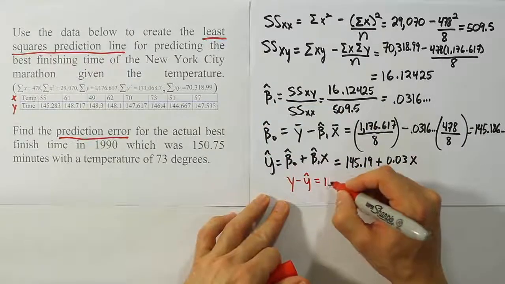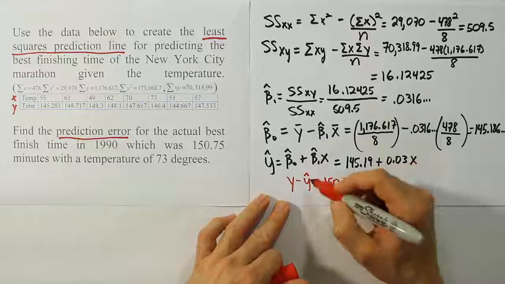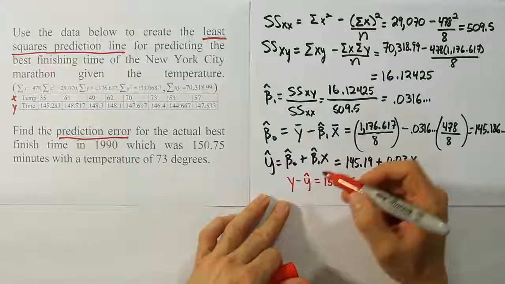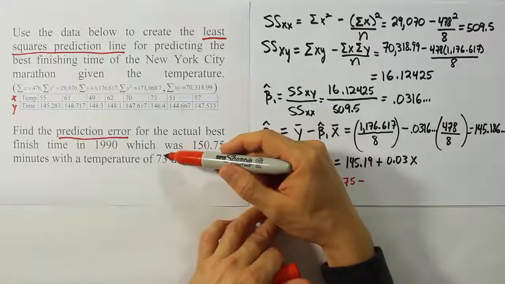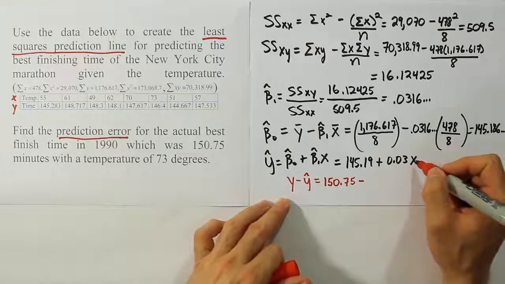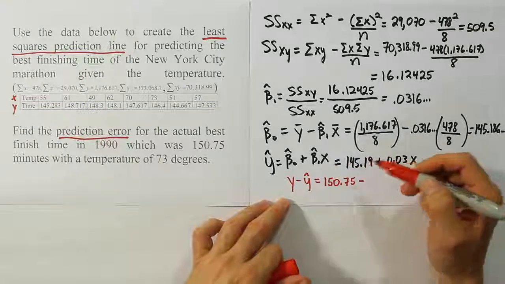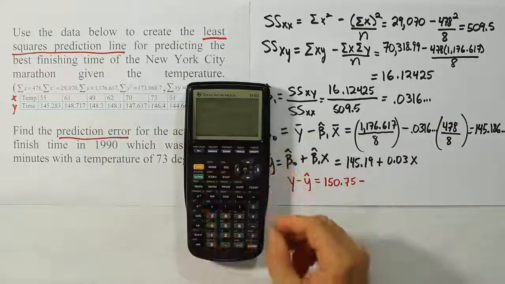So we have 150.75. We want to subtract from that the y hat value for when the temperature was 73 degrees. So we're going to plug in 73 into this equation for x, see what we estimate the best finishing time to be given that temperature. So let's see what the estimate would be according to our equation, right?